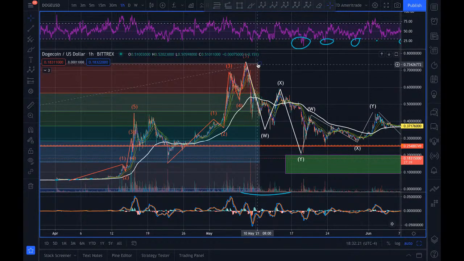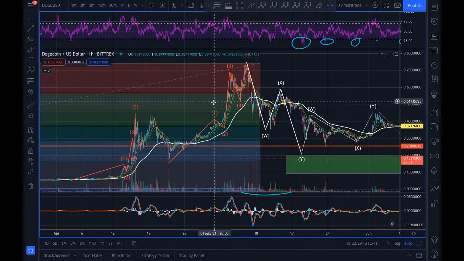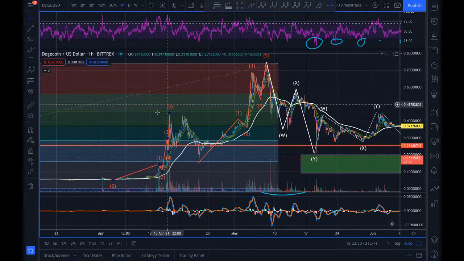Sometimes wave 5s can be truncated. So it's usually good to take some profit at the top of wave 3. And this was the top of wave 3, the wave 3 of wave 5. So that's the subwave 3 out of this wave 5.